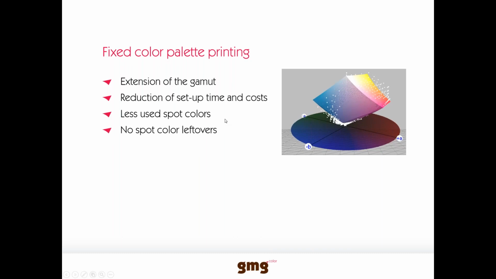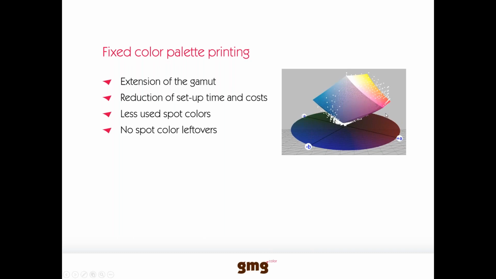What you see in the industry right now is that some printers set up some of their machines with a fixed color set, for example CMYK, orange, green, and violet. And some of the print machines have a job-dependent setup, which changes with each job you're printing. On the right-hand side, you see two gamuts.